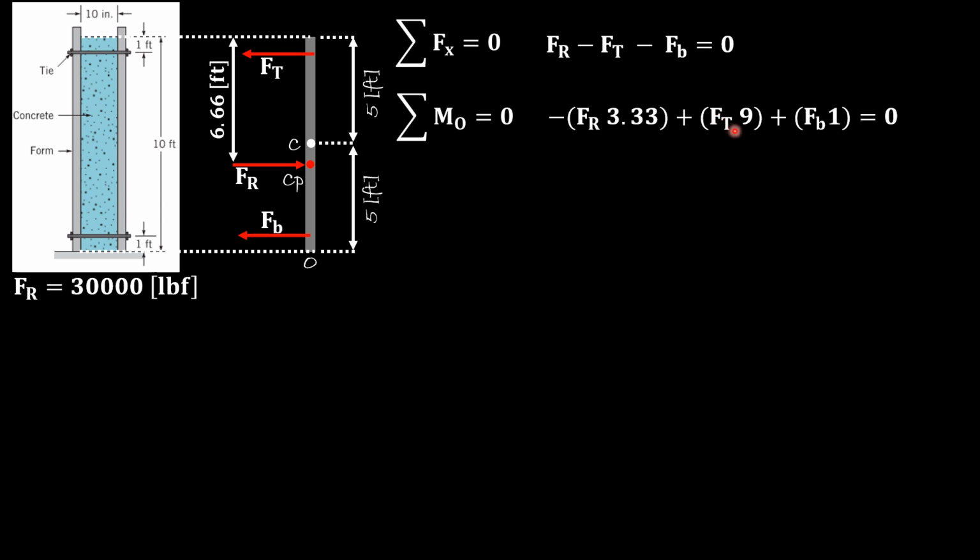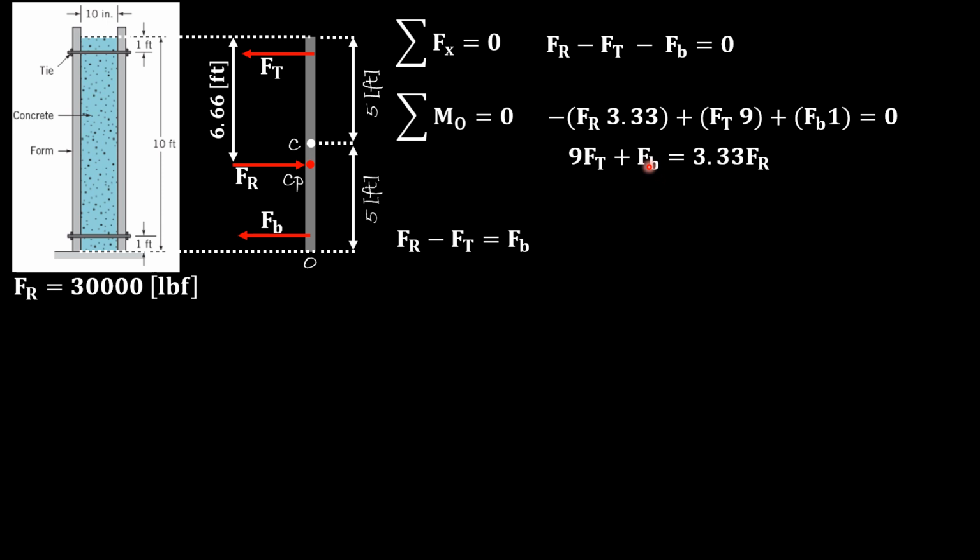So this will be F sub T on the top, and the distance from here all the way to the axis of rotation will be 5 minus 1, which is 4. 4 plus 5 is 9, so 9 F sub T, plus F sub B. F sub B to point O, the axis of rotation, is 1 foot. So F sub B times 1 equals 0. Right here we will move F sub R to the other side of the equation.